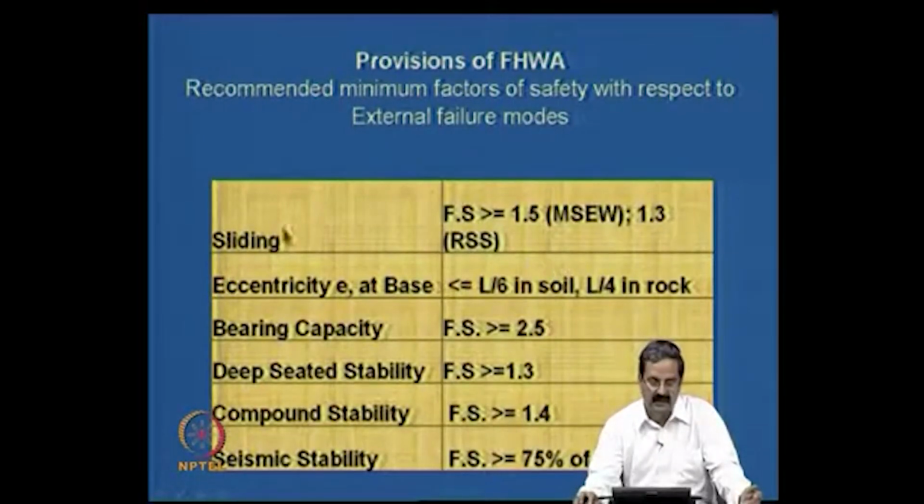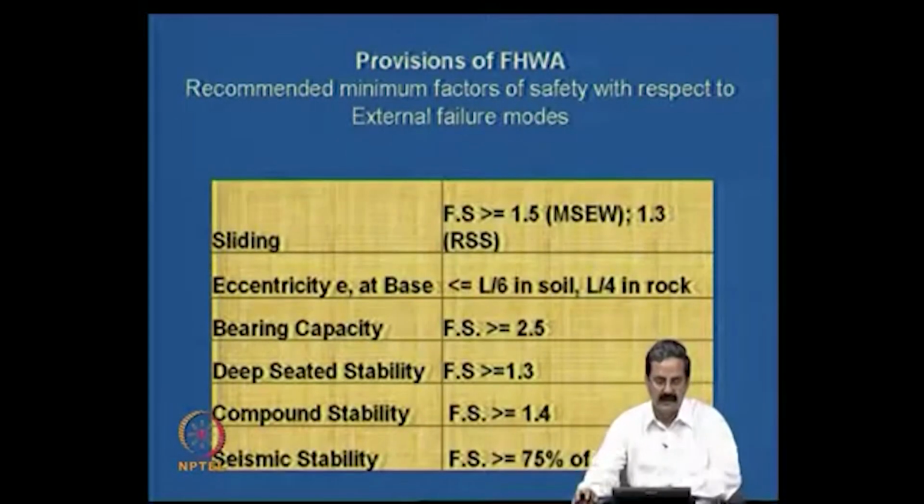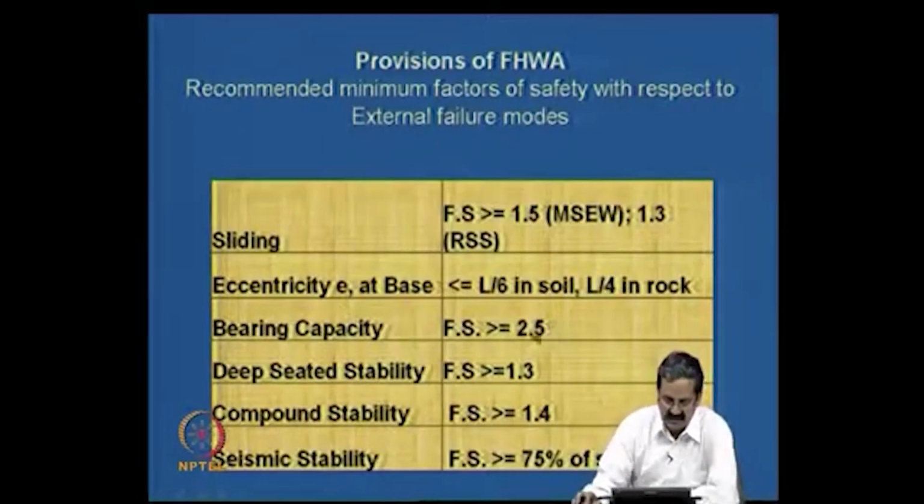Okay, that is for sliding. Eccentricity at the base, we didn't discuss this, but in some codes it's there. So L by 6, the middle third rule that we know already, we have to check that, and in codal provisions it's clearly mentioned.